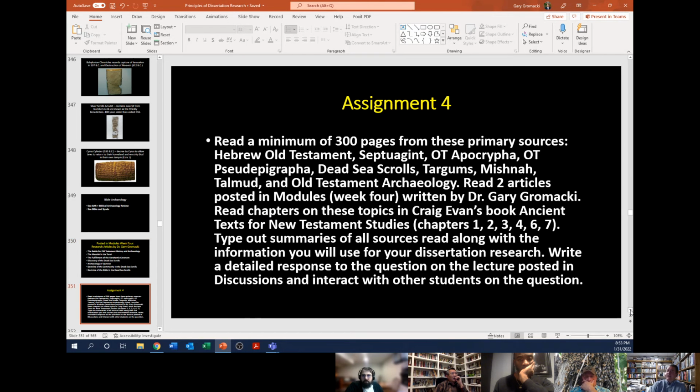And so your assignment for this week, read 300 pages from the primary sources: Hebrew Old Testament, Septuagint, Apocrypha, Pseudepigrapha, Dead Sea Scrolls, Targums, Mishnah, Talmud, Old Testament archaeology, 2 articles that I've written there. Read the chapters from Craig Evans' book, and then write summaries.